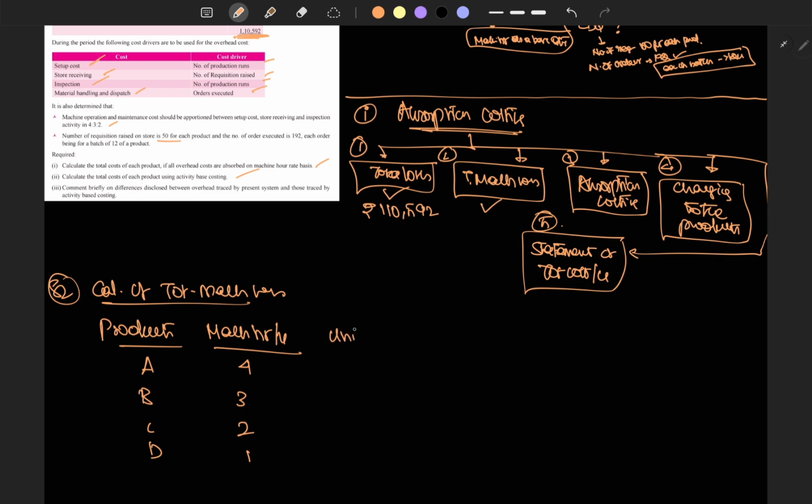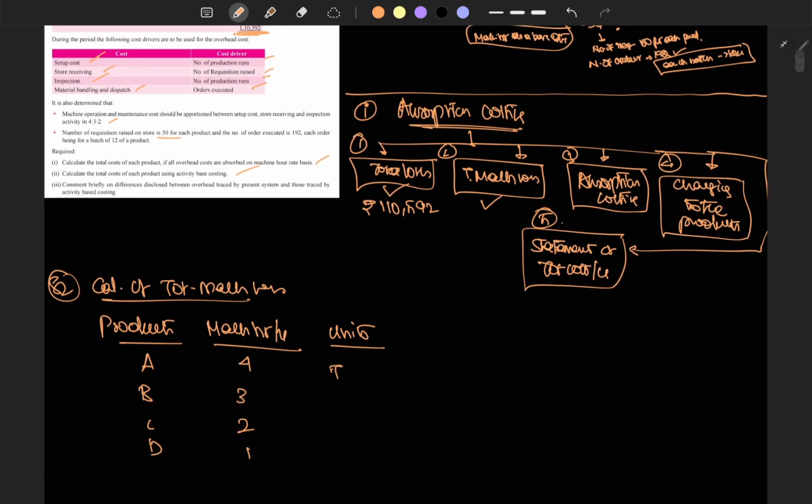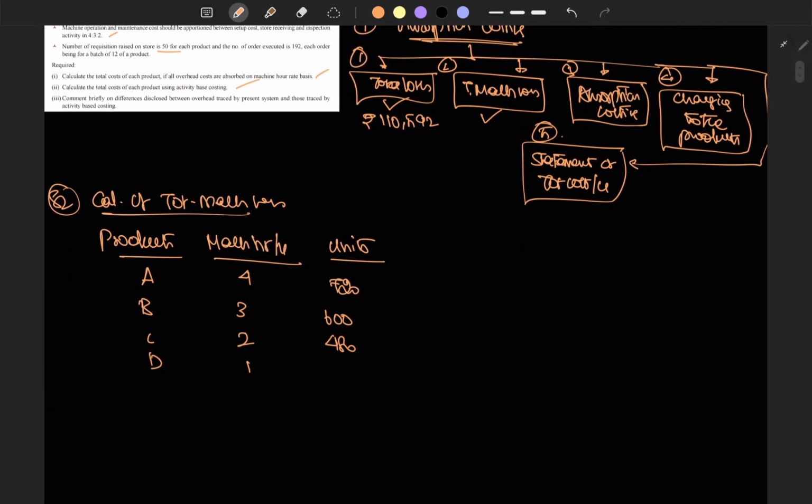How many units do they possess? 720, 600, 480, 504. If we multiply this, we'll get the total machine hours per product as well as for the department as a whole.